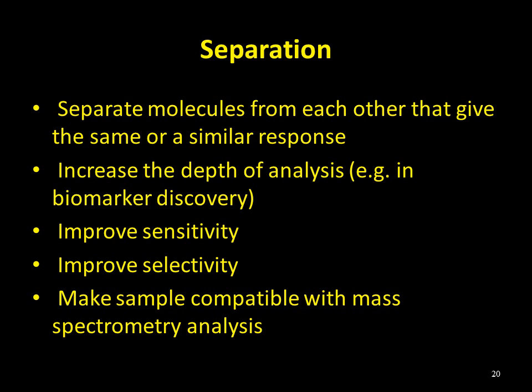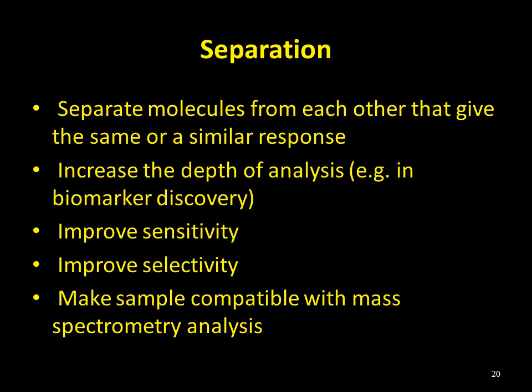Moving on from sample preparation to separation. Now you've prepared your sample, but it is still a very complex mixture of many different molecules. Some molecules are very similar to each other, for example proteins. They are all built out of 20 amino acids in different sequence orders. So these molecules need to be separated from each other in order to analyze them selectively, as they all give a similar response.